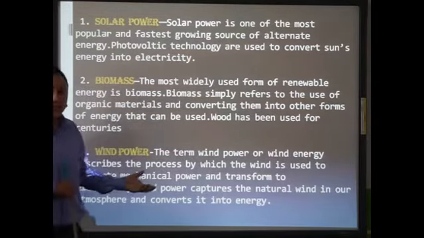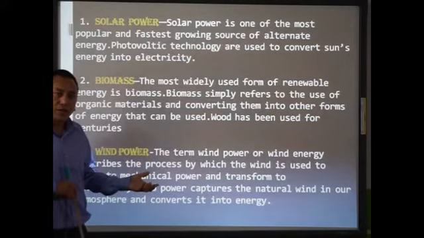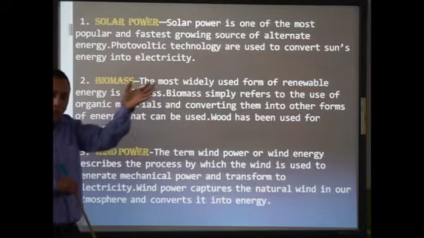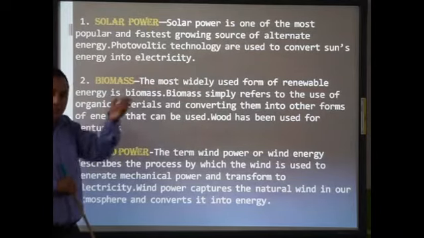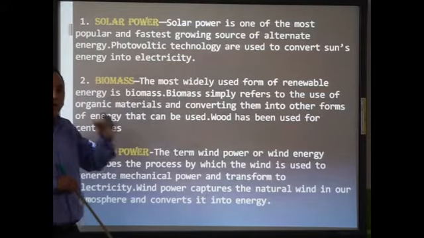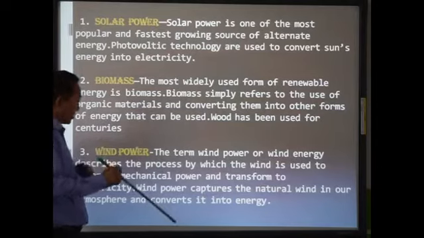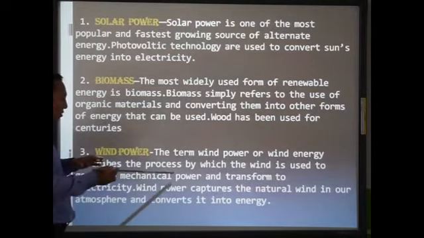That means, like solar energy, wind is also a natural energy which we can use again and again, whereby the wind that is flowing in the environment is trapped and converted to energy that gives us electricity. That means the mechanical power.